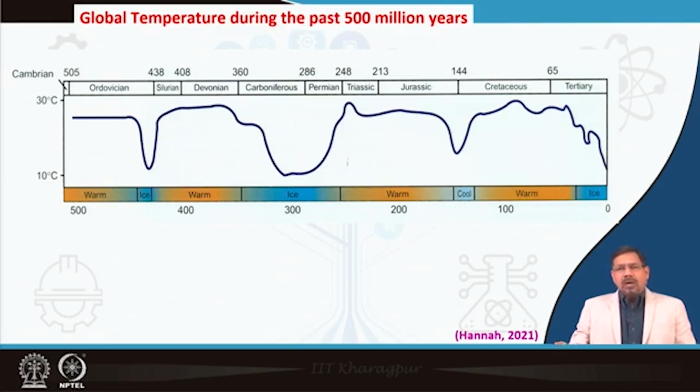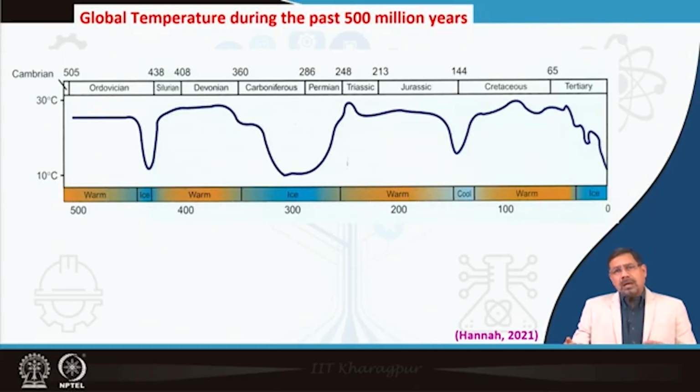We have already discussed in some of our past slides that the solar system, including Earth, originated somewhere around 4.56 billion years ago. The moment we say billion, 1000 million is 1 billion, and 10 lakh is 1 million.